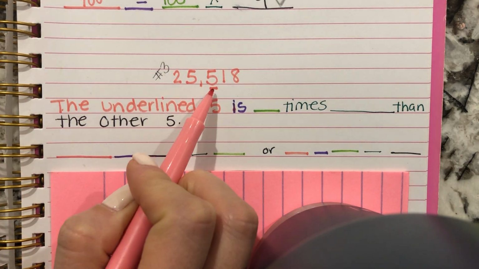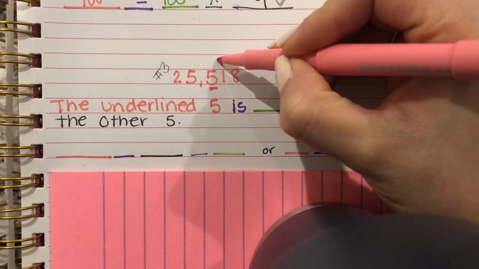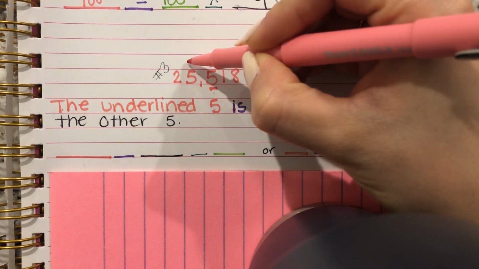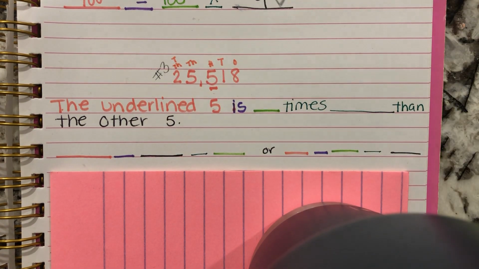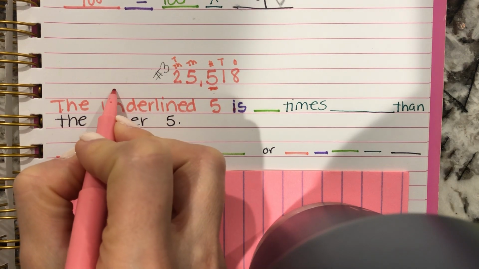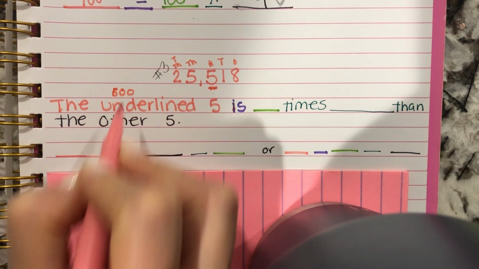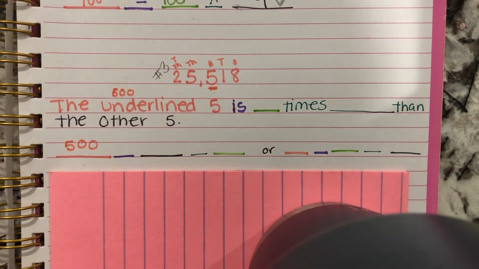So the underlined 5, if I go in and make my little place value chart, the underlined 5 is a 5 in the hundreds place. So the value is 500. I'm going to fill that in down here.